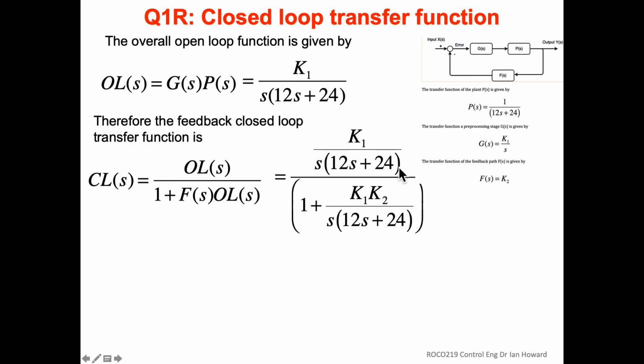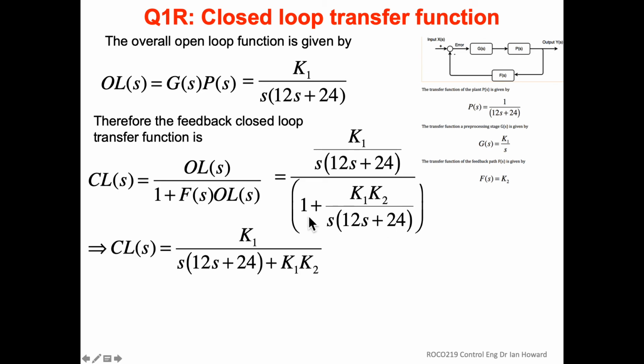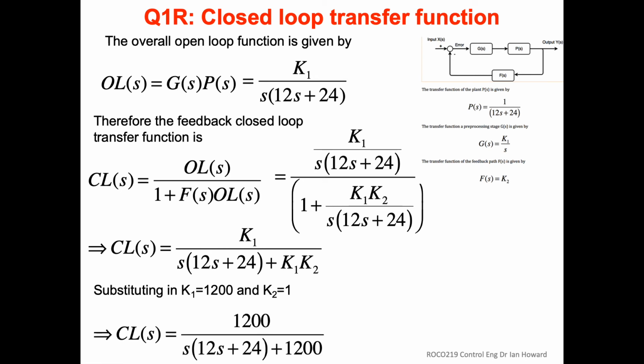Then it will disappear here, it will disappear here, and it will reappear here. As long as we do it at the top and the bottom, we're not affecting the actual value of the equation. That gives quite a simple expression. The closed loop response is K1 divided by s times 12s plus 24 plus K1 K2. And then we just stick in K1 equals 1200 and K2 equals 1, and there we have the closed loop transfer function of this system evaluated with those constant values.